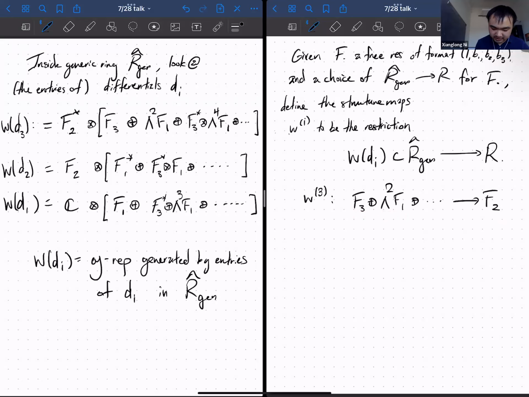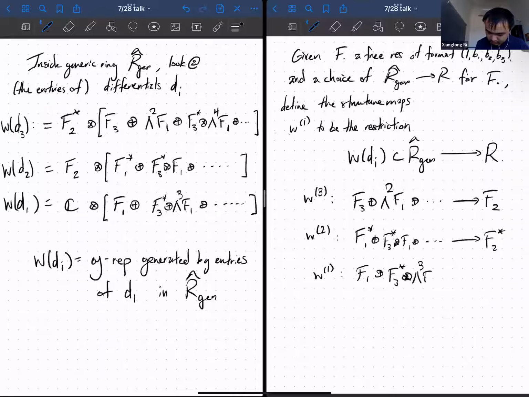And then likewise, we'll define W2 to be a map from F1 dual plus F3 dual tensor F1 plus ... and W1 to R.